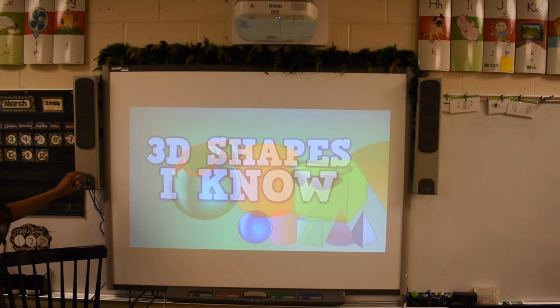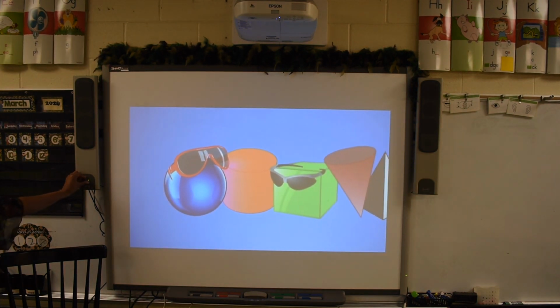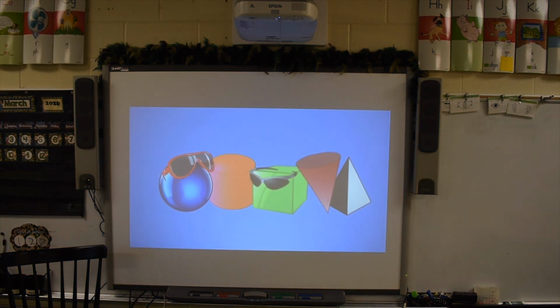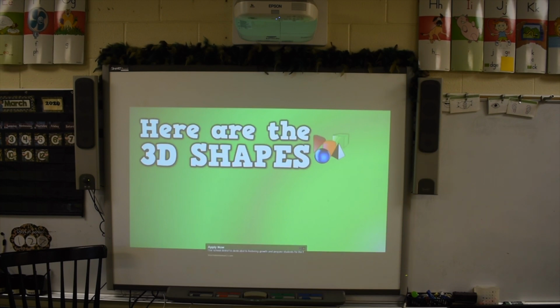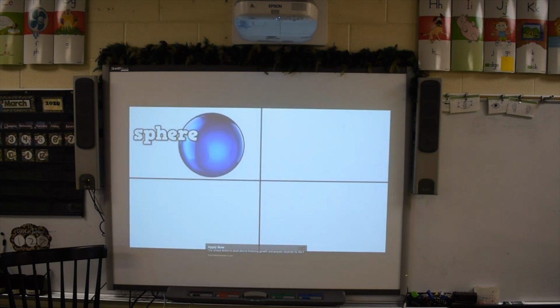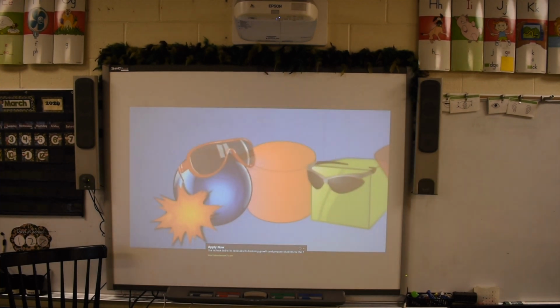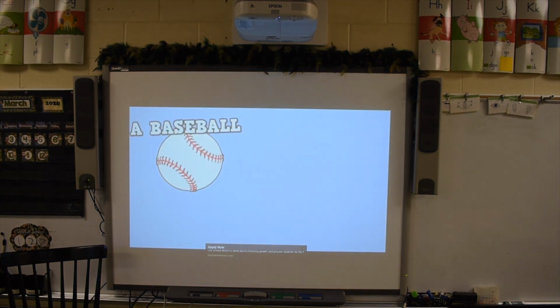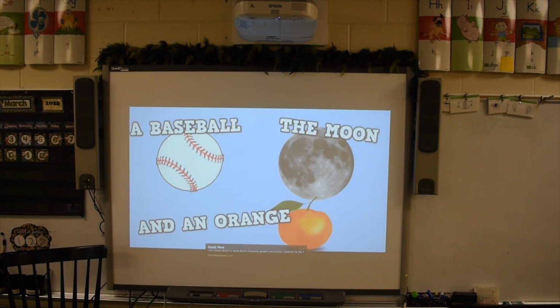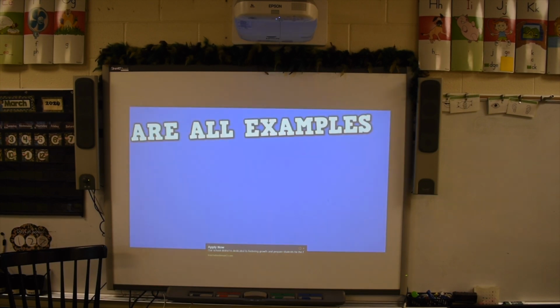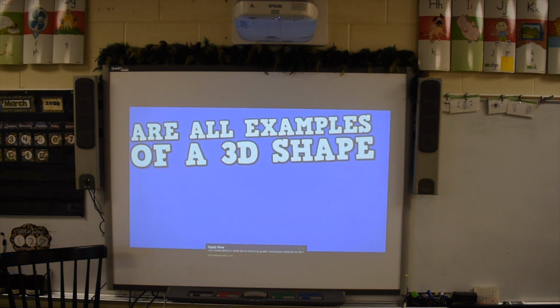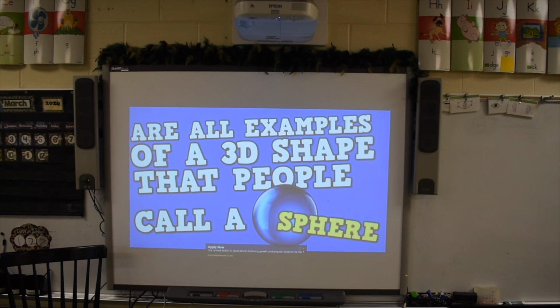I'm a 3D shape expert. Here are the 3D shapes that I know: a sphere, a cylinder, a cube, and a cone. A baseball, the moon, and an orange are all examples of a sphere.